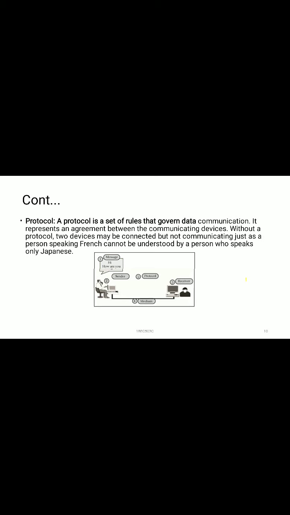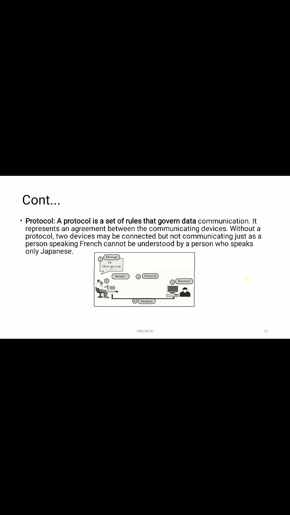How? Because if two persons are there, one person knows only French, another person knows only Japanese. Without a mediator or without knowledge of both, a person speaking French cannot be understood by a person who speaks only Japanese.